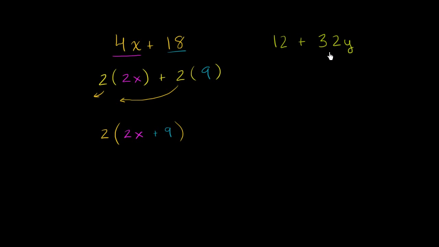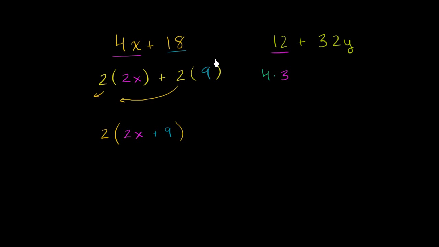And y is only divisible into the second term, not into this first term right over here. So it looks like 4 is the greatest common factor. So we could rewrite each of these as a product of 4 and something else. So for example, 12 we can rewrite as 4 times 3.